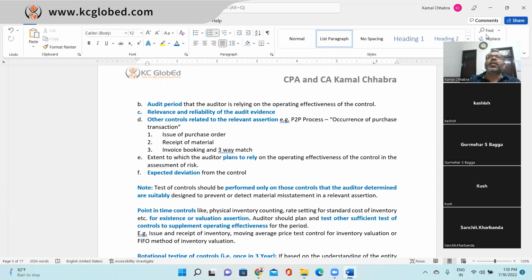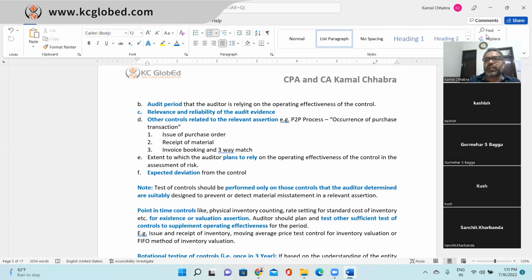For example, account receivable, right? If you have received the confirmation at first stage from a third party, then I think you are not required to do any additional procedure for the existence of account receivable assertion, right? But if you have not received the confirmation, then probably you need to test the invoice, shipment, customer receipt, and acknowledgement, and all those things, right?